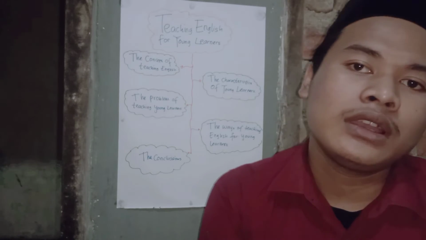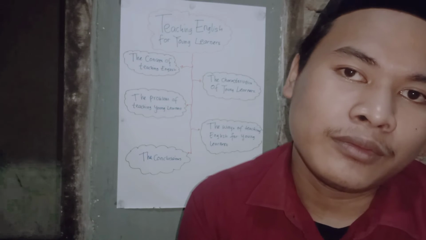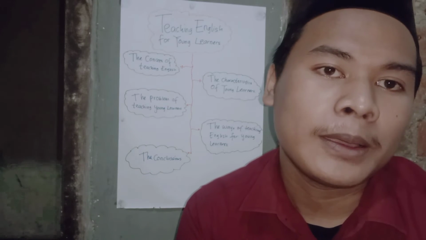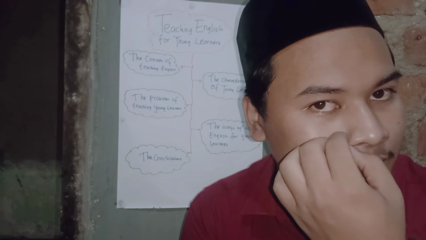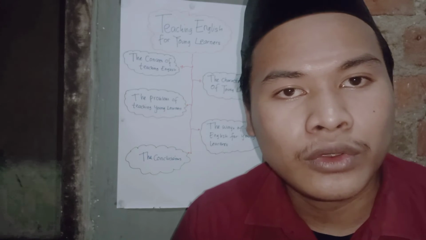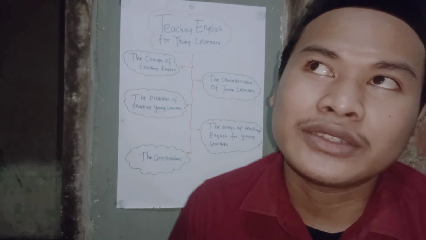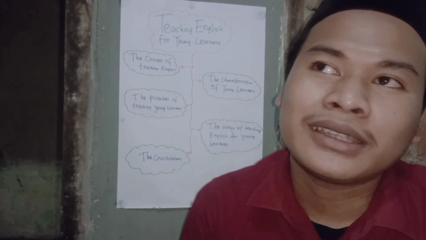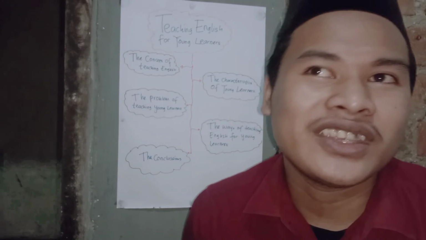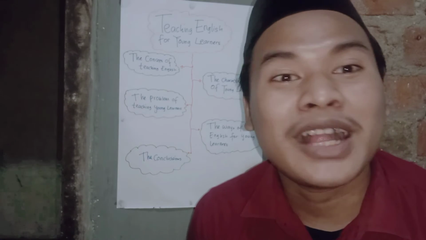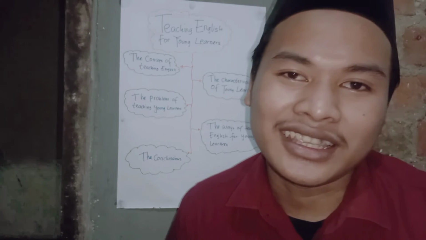And then for the young boy or the young girl, we have to make them like it, but how? Oh, I'm sorry, for the kindergarten and the elementary kids, we can add music or maybe a song to help them learn English.